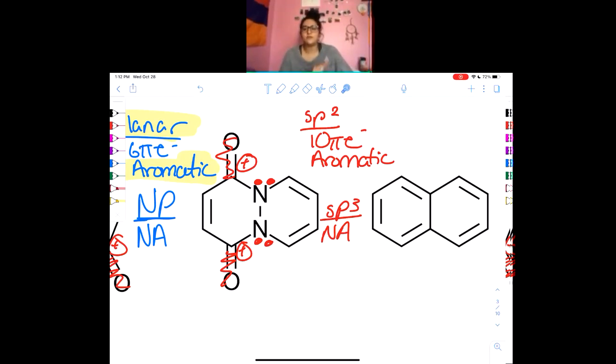If one single ring in any kind of compound has 8 or more carbons, that will for sure be part of that rule, and you'll have to figure out if being planar would make it aromatic. If so, then you go from there. If not, then it would just be non-planar and it would be non-aromatic. I don't know why that sentence was so hard to get out, but I hope that makes more sense.